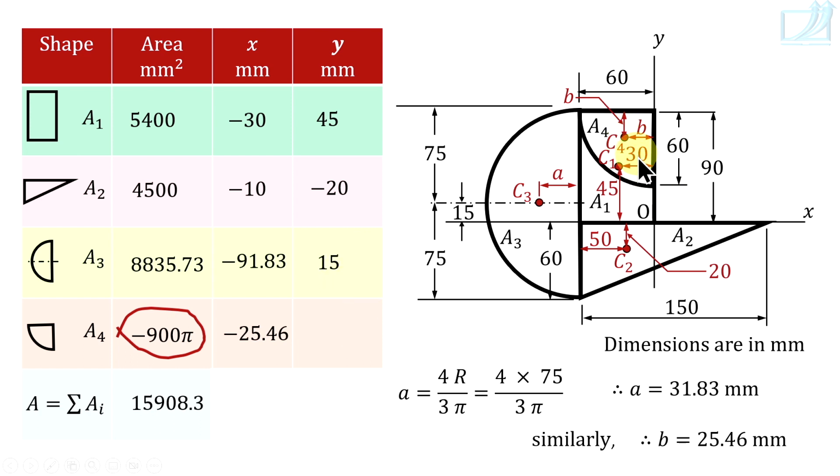Vertical distance of C4 from the x-axis, that is the y-coordinate. This is that distance. And how much is it? It is 90 minus b. So 90 minus b, it is 64.54. This center C4 is above the x-axis, so the corresponding coordinate is positive.